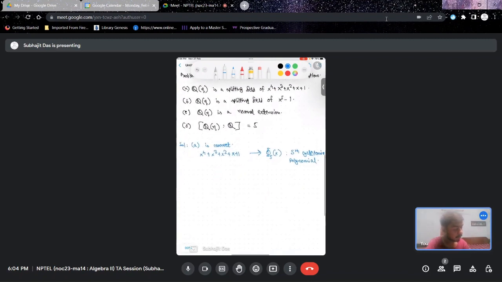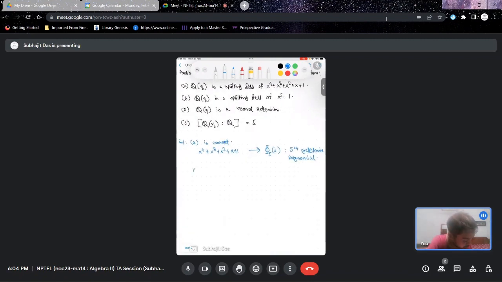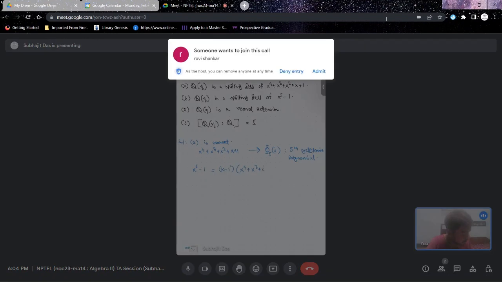Now observe that x to the power 5 minus 1 is x minus 1 times x to the power 4 plus x cube plus x square plus x plus 1.